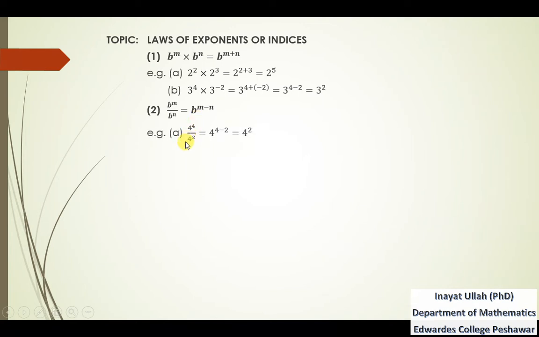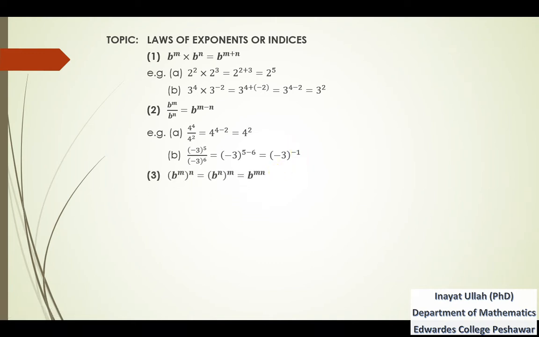For example, 4 power 4 divided by 4 power 2, we see that the bases are the same, so whenever we divide these two, we get 4 power above power minus below power, so 4 power 4 minus 2, and 4 minus 2 is 2. Similarly, here the bases are the same, minus 3, and we are going to divide these two, so that will become minus 3 to the power 5 minus 6, above power minus below power, and 5 minus 6 is minus 1.